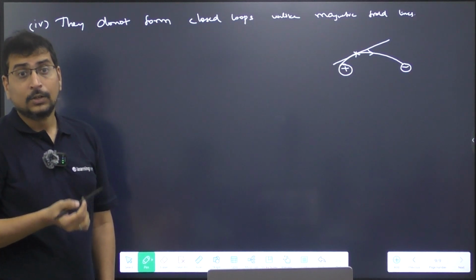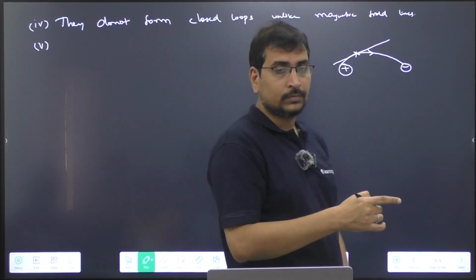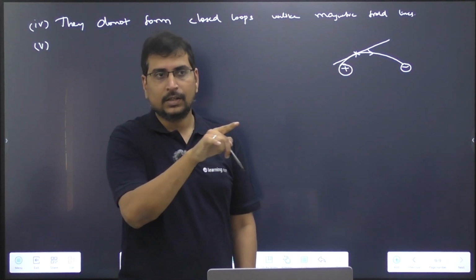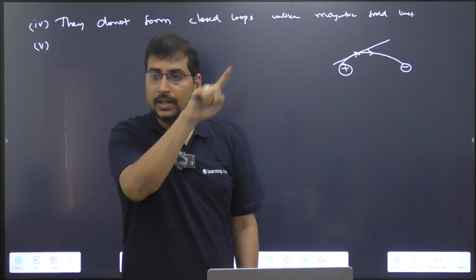I don't know. So you need to draw the tangent in the direction of the curve lines, right? You need to draw the tangent in the direction in which the curves are actually moving.